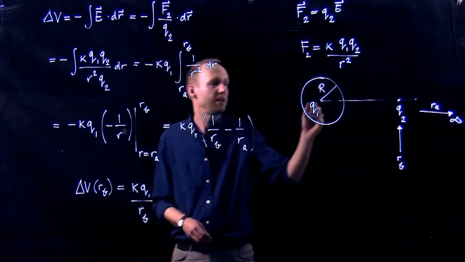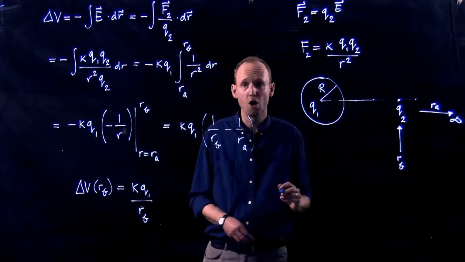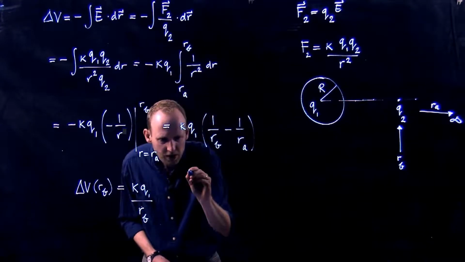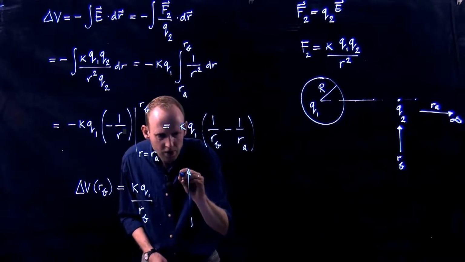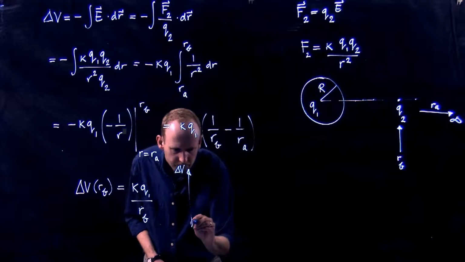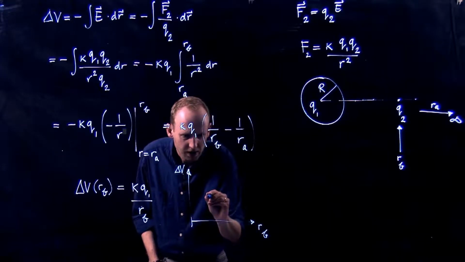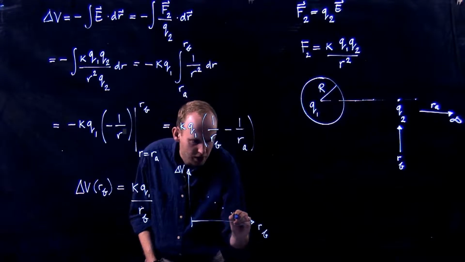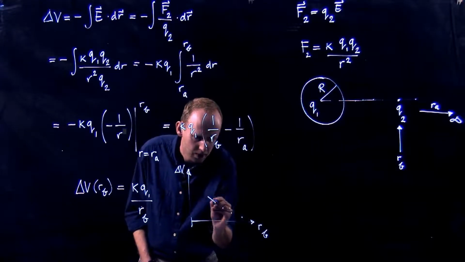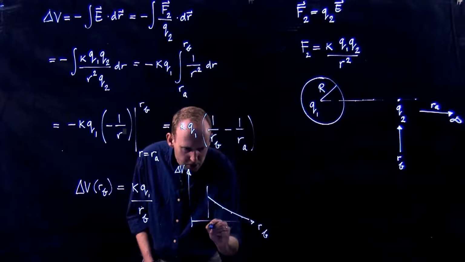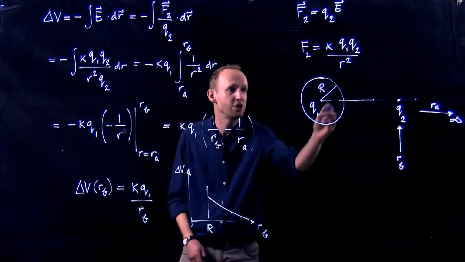Now if I calculate this for different locations RB along this line, I would get a function that looks like this. This is delta V, this is RB, and I see that it goes down like 1 over RB. That continues up to the point where we reach the edge of the sphere.